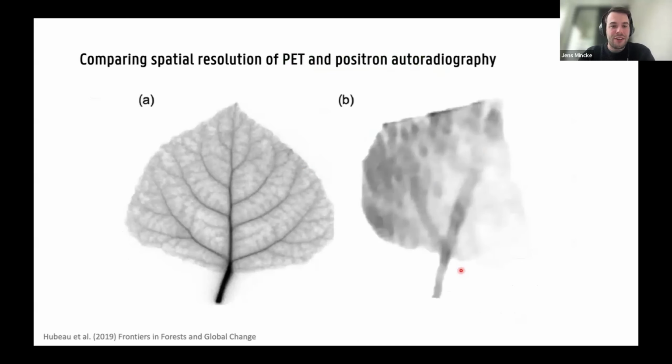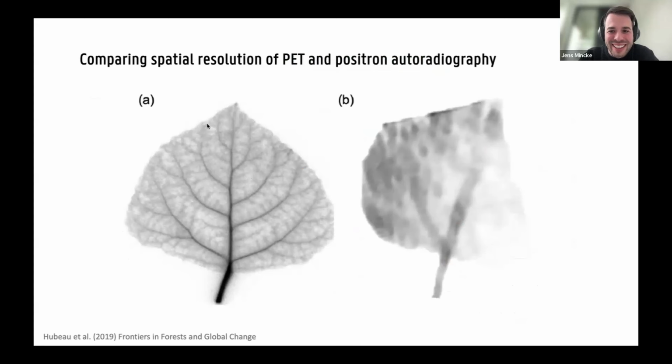So now I have a question for the audience. If someone could answer this question. Here I have 2 images. One is from PET, and the other is taken with positron autoradiography. Can someone help me out? Which one is which, by comparing the resolution? No?